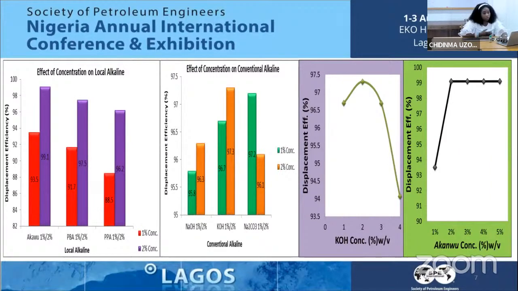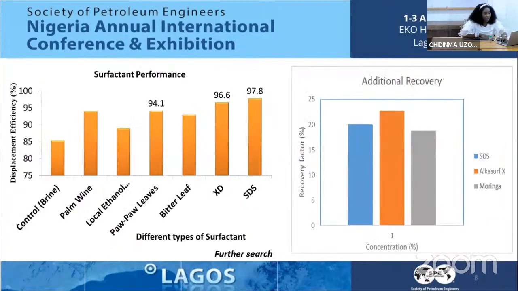Now, local surfactants were also used for this experiment, and the pawpaw leaf extract performed best. But the pawpaw leaf extract could not actually form the type 3 microemulsion phase that is needed for a successful surfactant flooding.